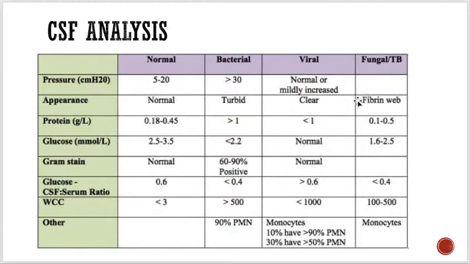Okay, so now one thing, by the way, to check whether it's a traumatic tap: if the examiner who is doing the lumbar puncture had hit the blood vessel, what they do is keep collecting the CSF samples in three different tubes.